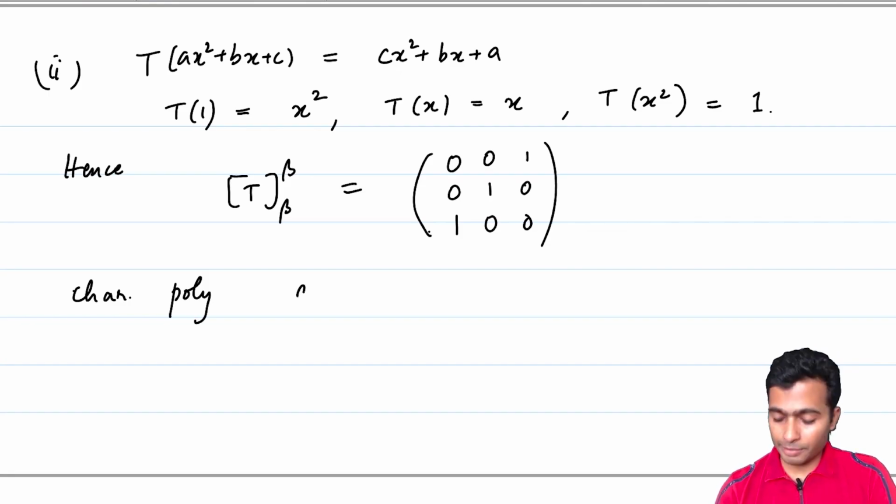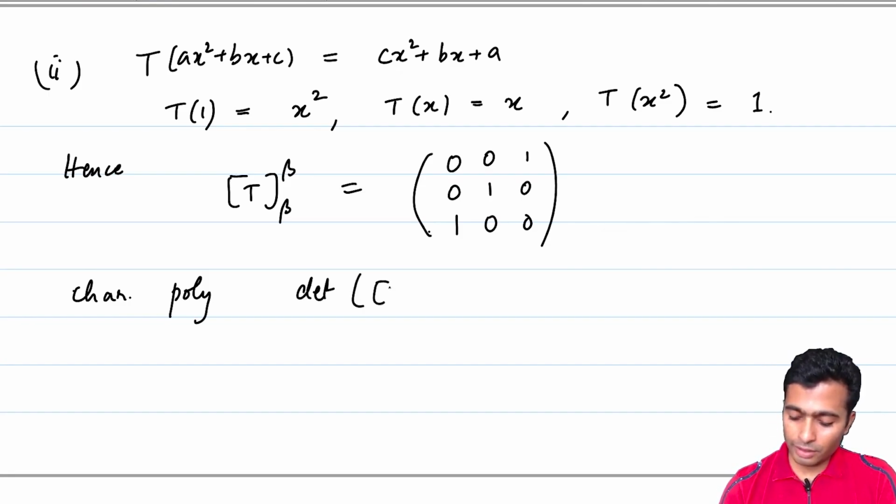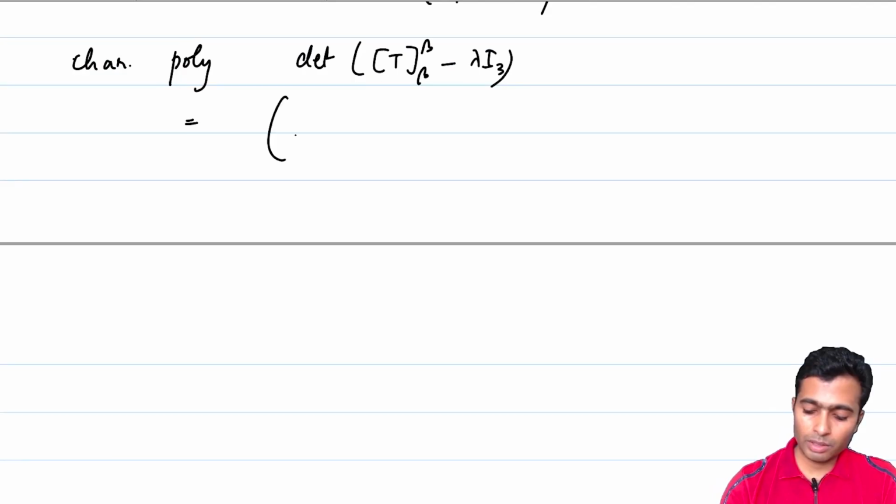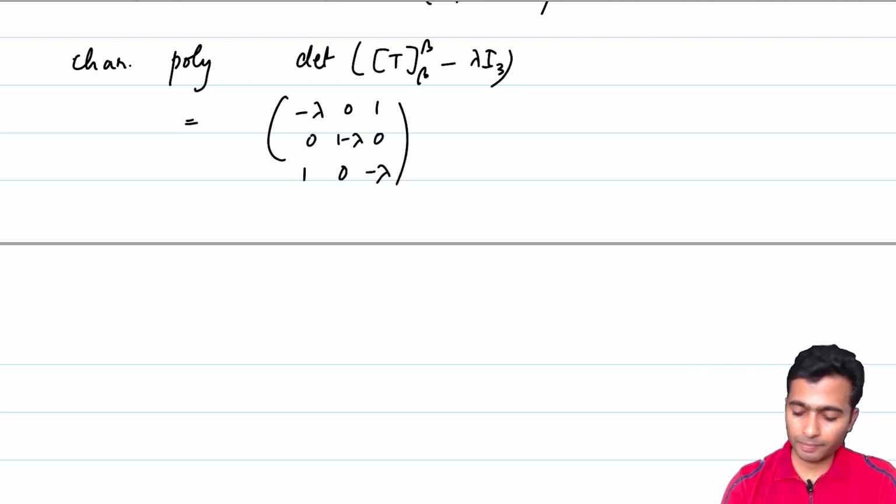The characteristic polynomial is the determinant of the matrix T beta beta minus lambda I, again 3 by 3 here, which is just going to be the determinant of the matrix with rows minus lambda, 0, 1; 0, 1 minus lambda, 0; 1, 0, minus lambda.